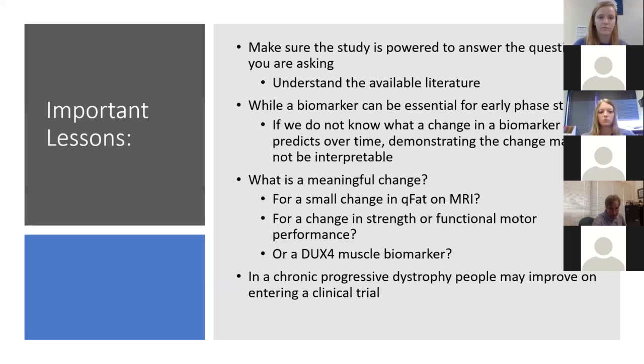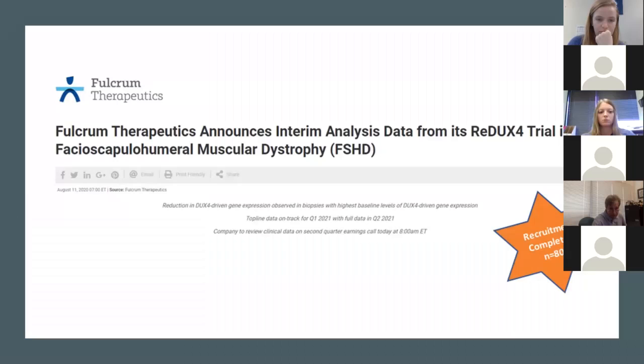We might still want to take that drug because we would understand the predictive value of the biomarker. And so as we're thinking about our future clinical trials and getting ready, it's important that we understand the tools that we're going to use and understand how large a change in these tools, what it may mean clinically over time. And these are questions for us, but questions that we can definitely answer.